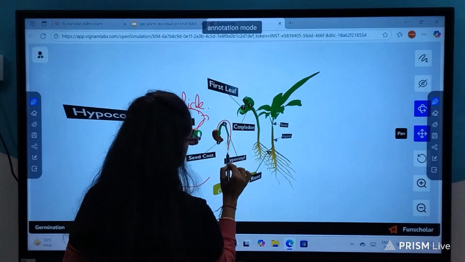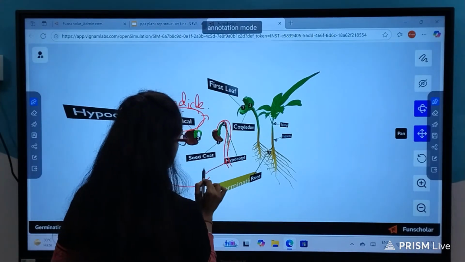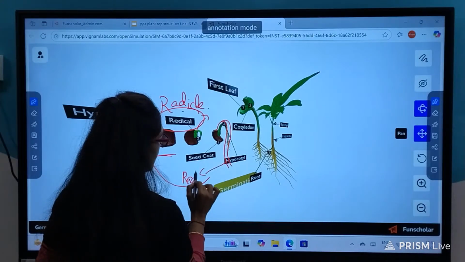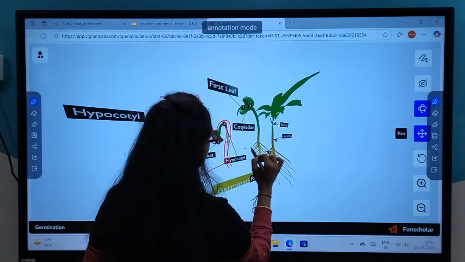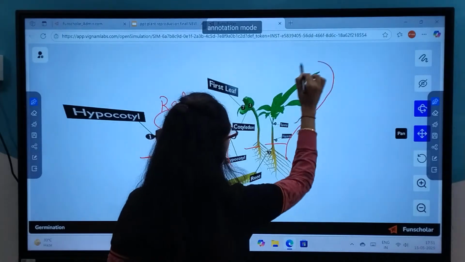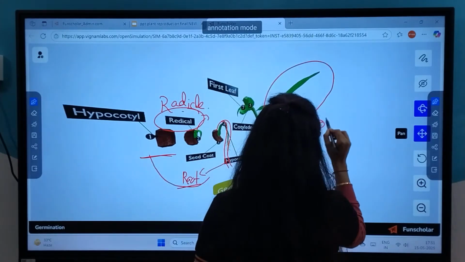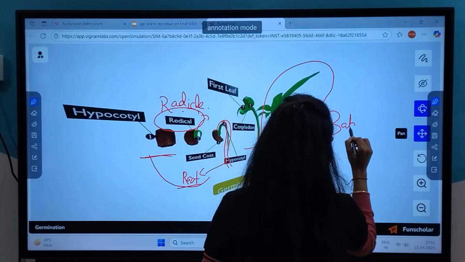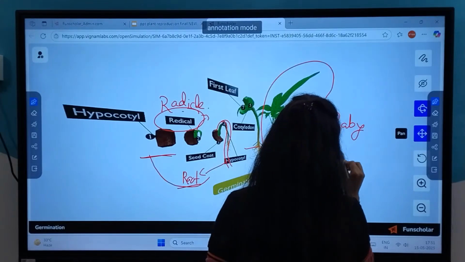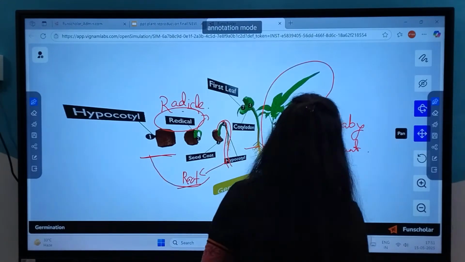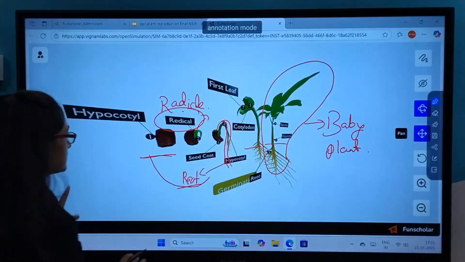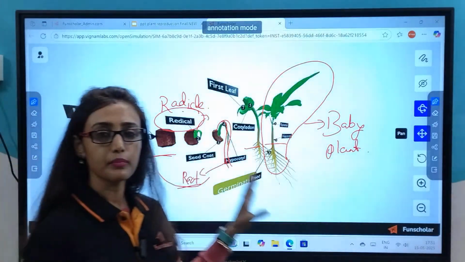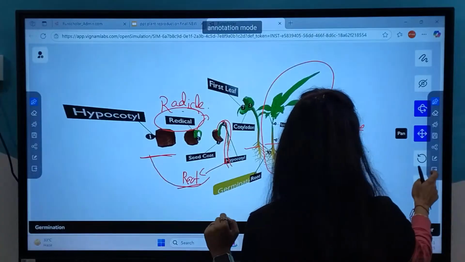Then the radicle is forming what? Root. Okay. And ultimately, it is growing into a new plant. That is the baby plant. Right? So this is the 3D model of the process of germination.